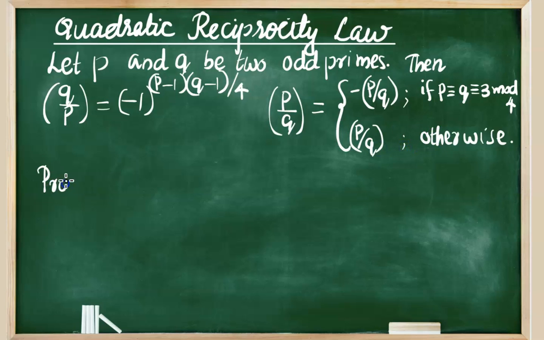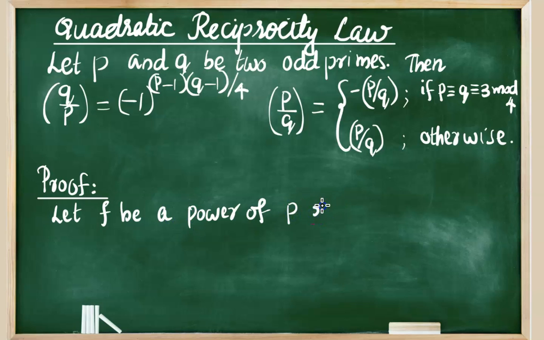For the proof, we first choose an integer, say f, which is a power of p, such that p raised to f is congruent to 1 modulo q. f can be any integer which satisfies this congruence relation.